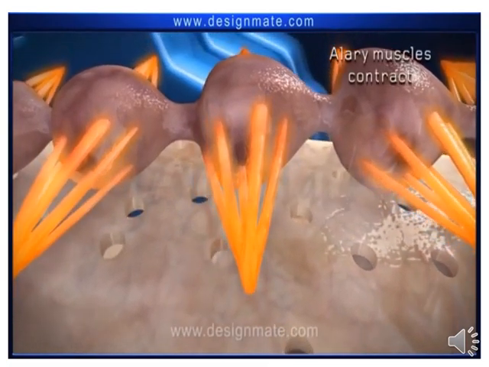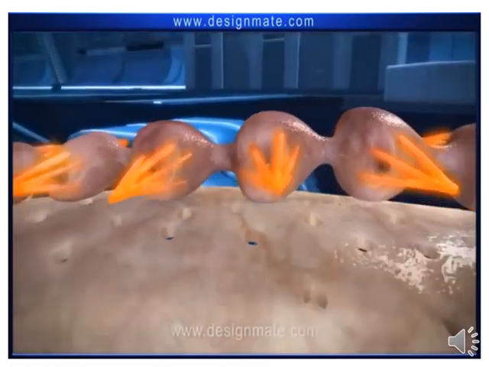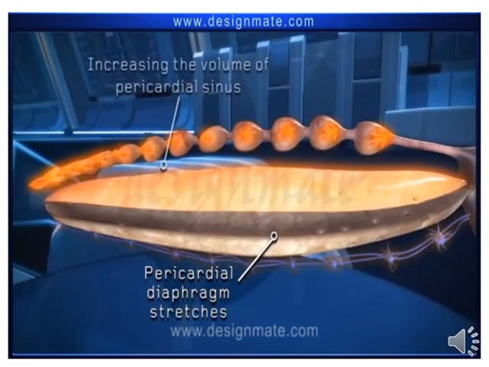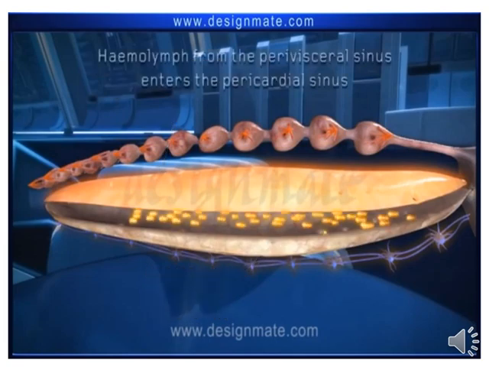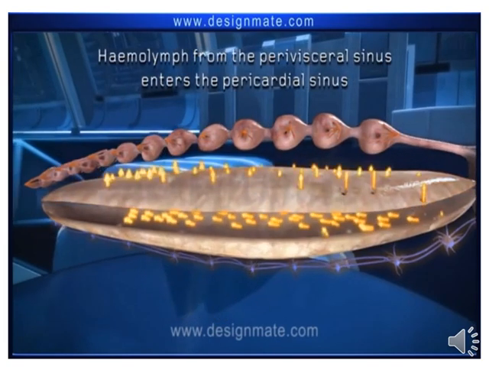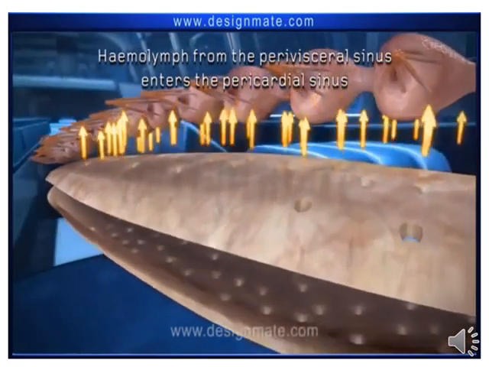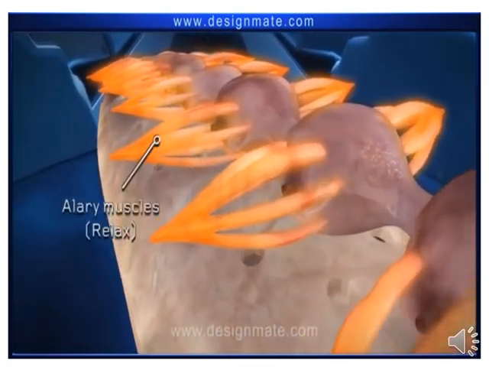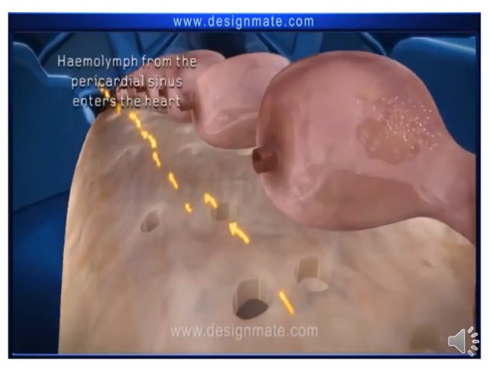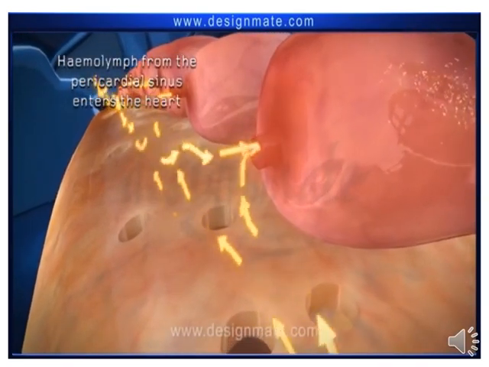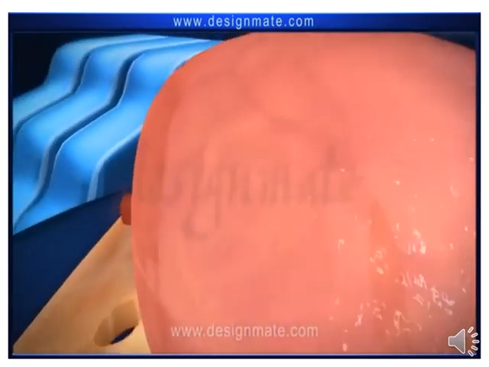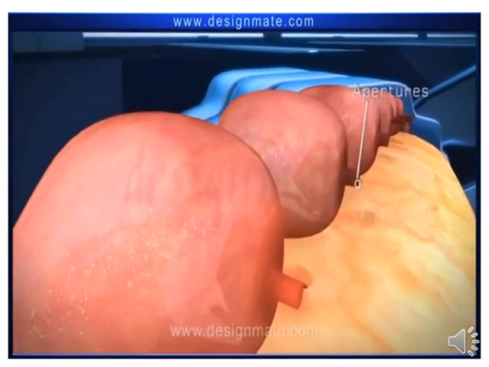When alveolar muscles contract, the pericardial diaphragm stretches, increasing the volume of pericardial sinus. Now, the hemolymph from the perivisceral sinus enters the pericardial sinus. When alveolar muscles relax, the hemolymph from the pericardial sinus enters the heart through ostia, a pair of valvular apertures on each chamber.